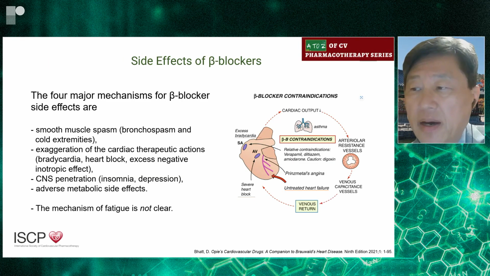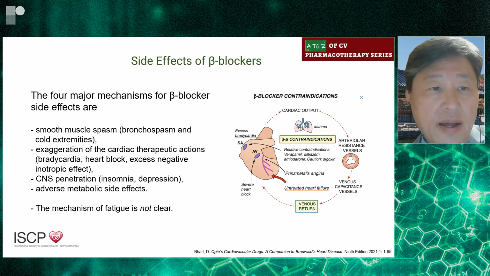Here are the major mechanisms of beta blocker side effects: smooth muscle spasm, bronchospasm, and cold extremities; exaggeration of cardiac therapeutic actions, such as bradycardia, heart block, and excess negative inotropic effect; CNS penetration, causing insomnia and depression; and also adverse metabolic side effects. However, the mechanism of fatigue, one of the frequent side effects of a beta blocker, is not clear so far.